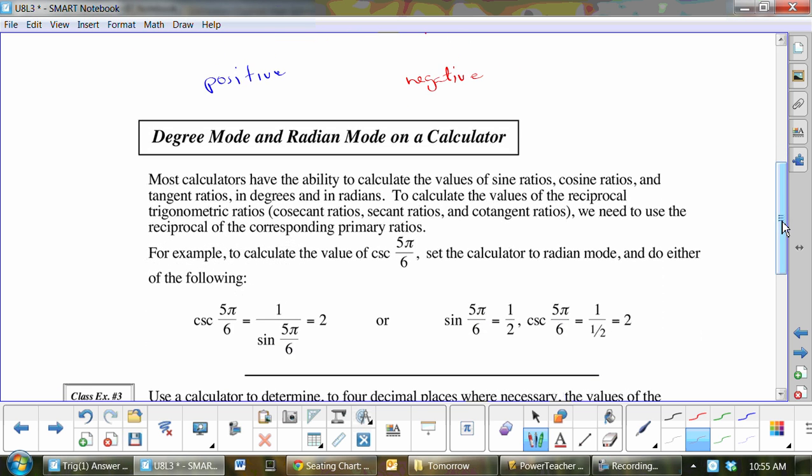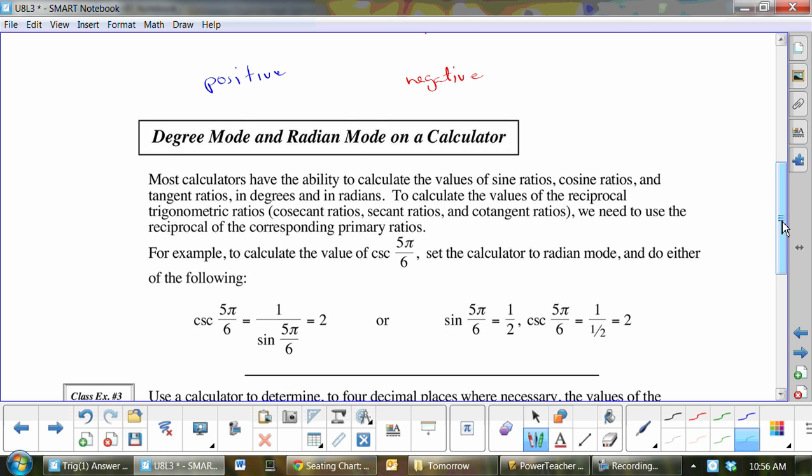Now, how do you figure out cosecant 5 pi over 6? There is no button on your calculator to do that, or life would be pretty easy. So you have to use what is on your calculator, and that is sine, cos, or tan.